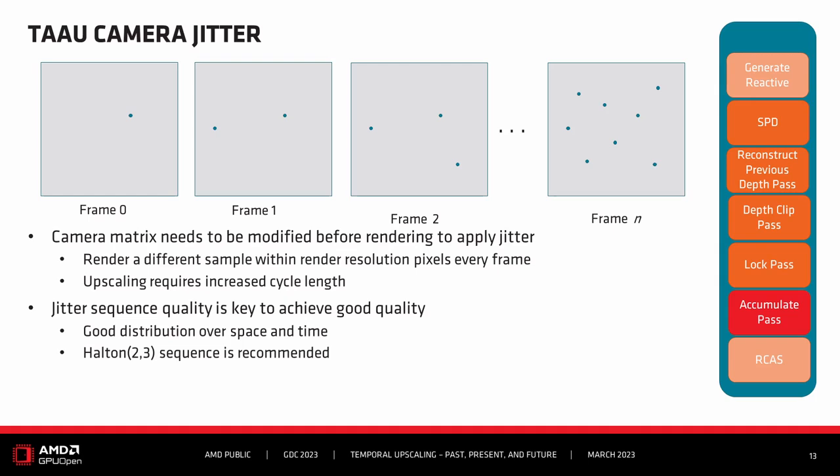That means that the whole pixel area needs to be covered, and also you need the sample location to basically jump around your pixel pretty randomly. The most commonly used solution for that is the Halton 2-3 sequence, which we're also having an implementation for in FSR2 and recommend to be used, but you can apply any jitter sequence you like if you already have one in your game that works better.